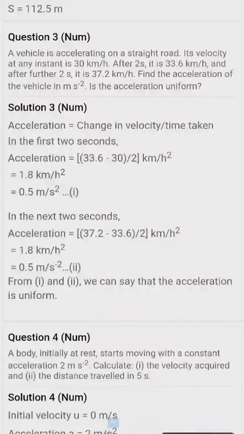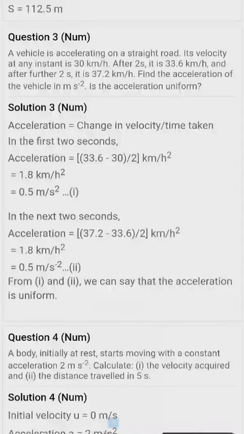Then 33.6 into 5 by 18 you do it, and then 37.2 into 5 by 18. In each case, I think what they have done here is they have first subtracted and then multiplied by 5 by 18. That also you can do.